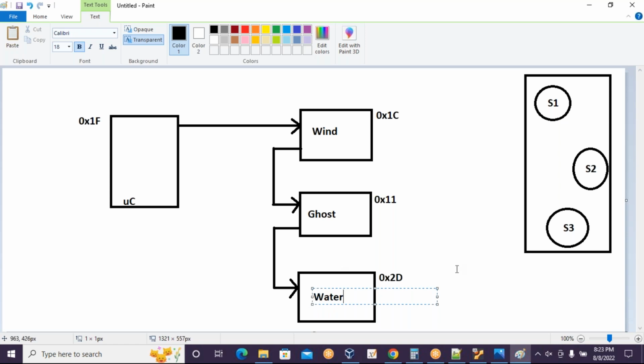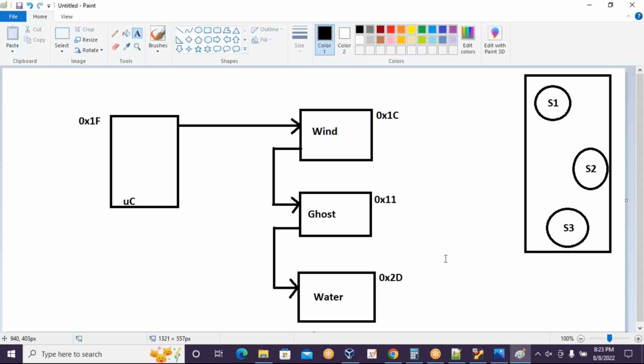Now, if you have noticed, suddenly when a ghost entry happens in the movie, what happens with the amplitude? Come on. What happens suddenly if there is a ghost entry? Don't you think the amplitude, the sound gets increased?